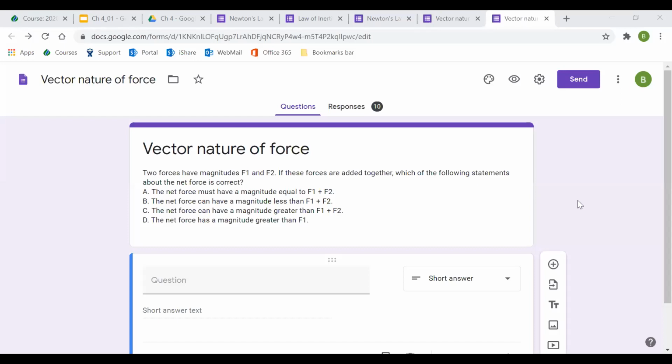Looking at the options, A says the net force must have a magnitude equal to F1 plus F2. Okay, it could, but not must. In general, it shouldn't be equal to that.